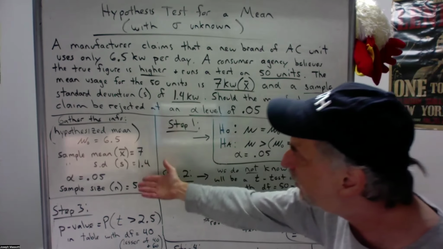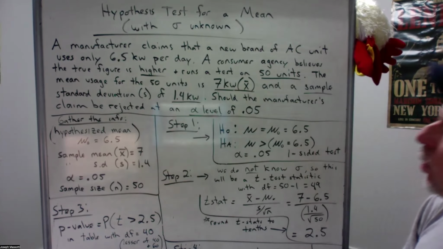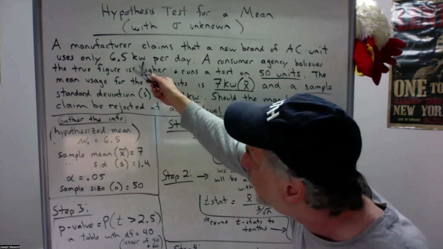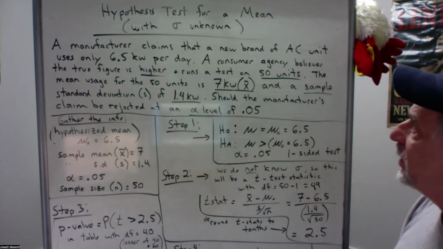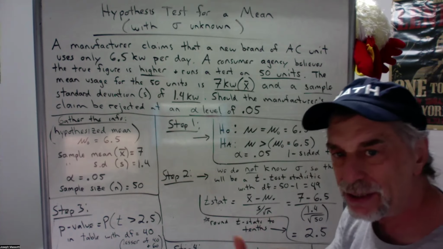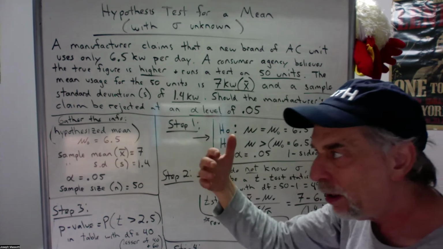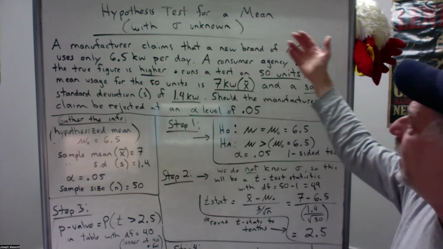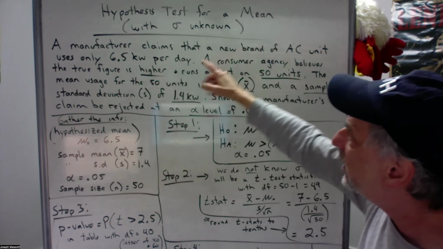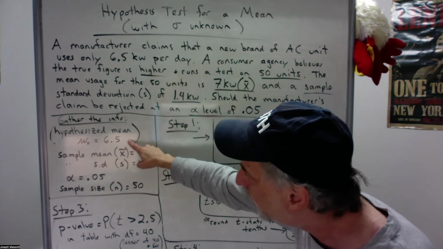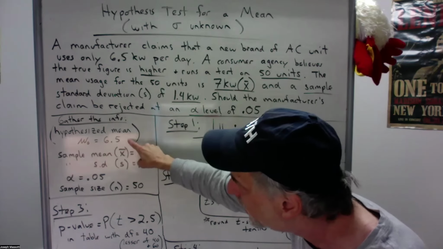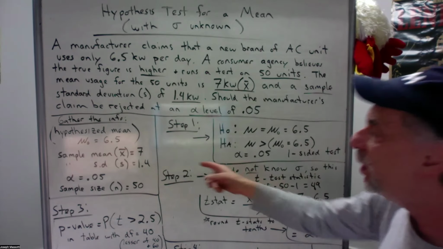So we gather that information. We know that we're going into the test assuming that this is the truth. Remember, innocent until proven guilty. Our null hypothesis is that the claim is true. The AC units use only 6.5 kilowatts per day. So that's the hypothesized mean. Well, we took a sample.